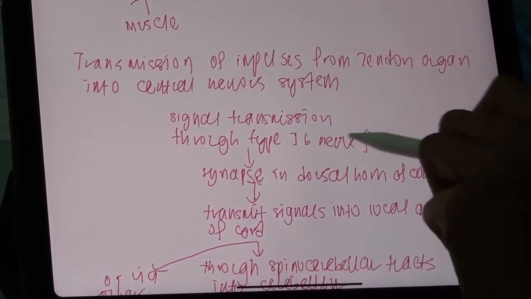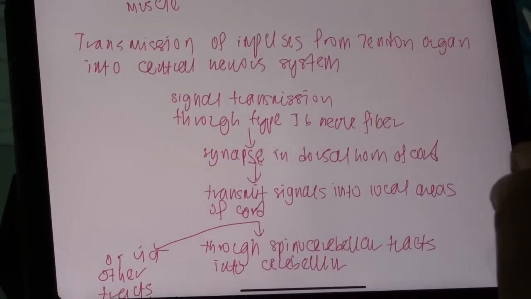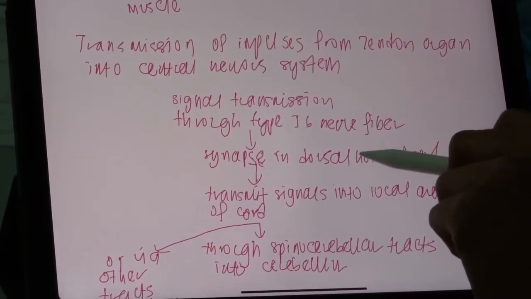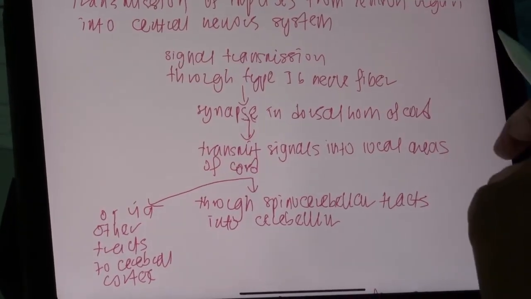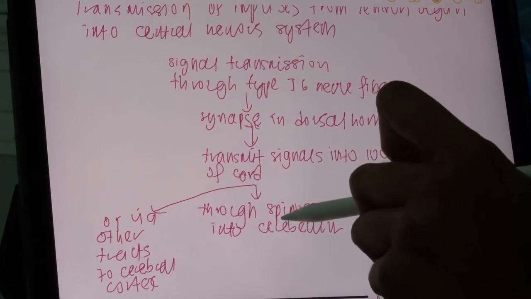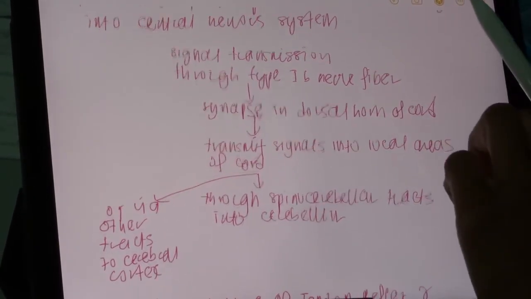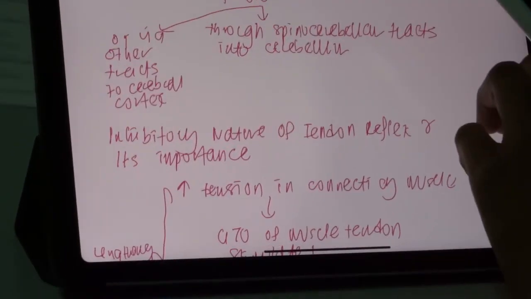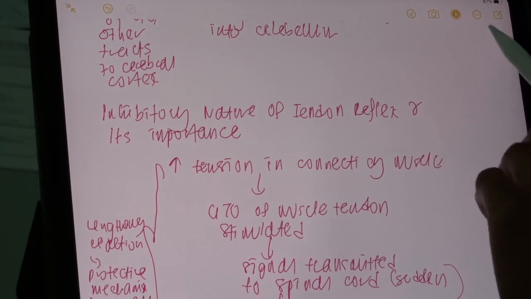The muscle spindle is 1A, and the GTO is 1B. It will synapse first into the dorsal horn of the cord, and then transmit signals to the local cord. Through that it will go to the spinocerebellar tracts, to the cerebellum, or other tracts to the cerebral cortex.